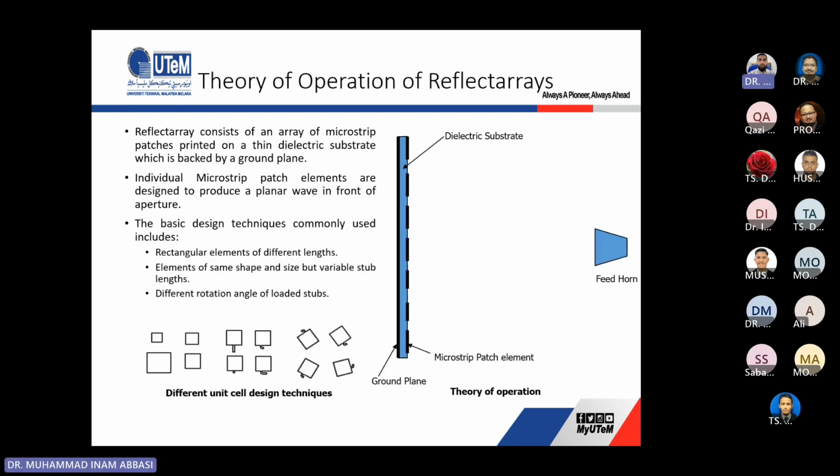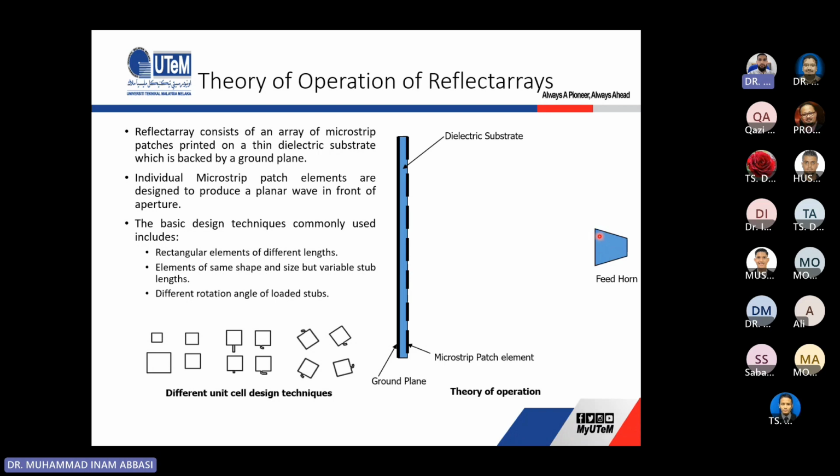All right. So basically, how a reflectarray works, it's a planar surface. It consists of microstrip patches that are shown here, printed on a simple dielectric substrate and backed by a ground plane. So we have a feed horn.